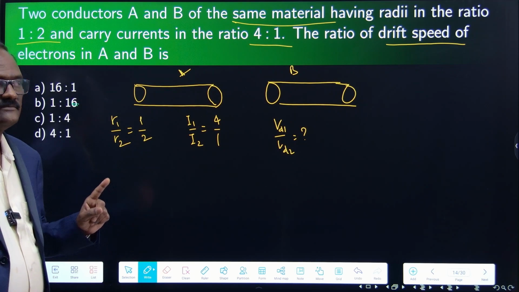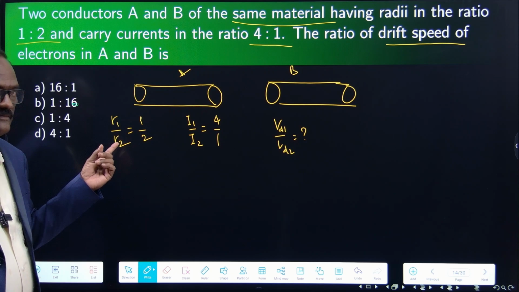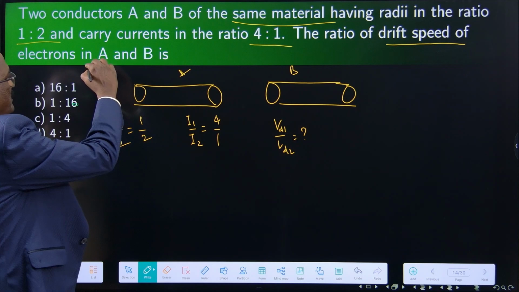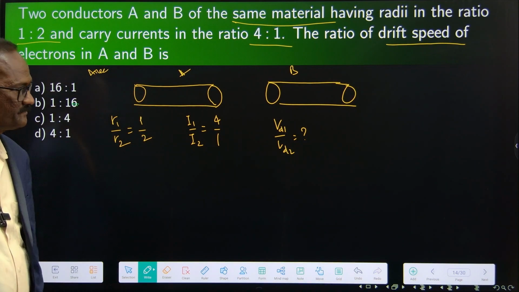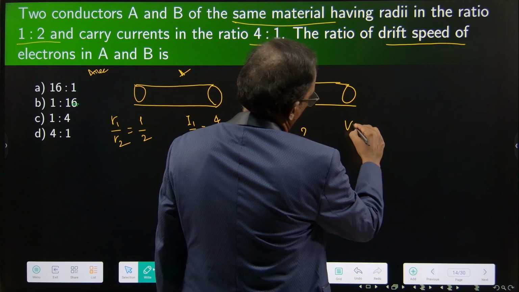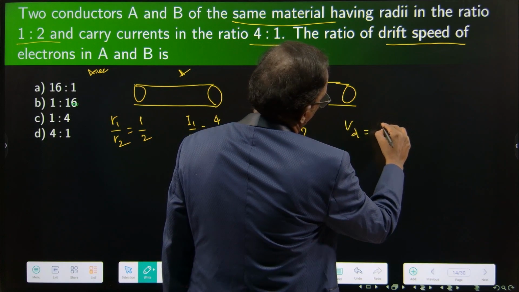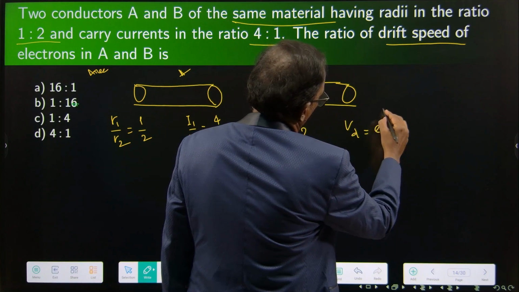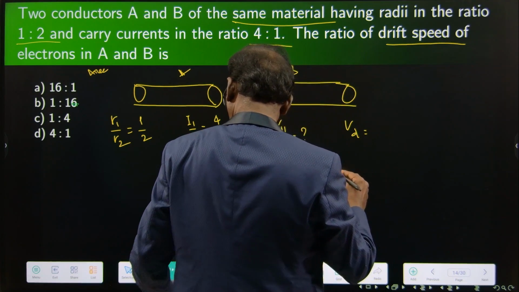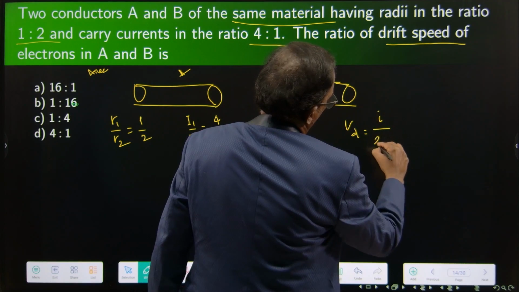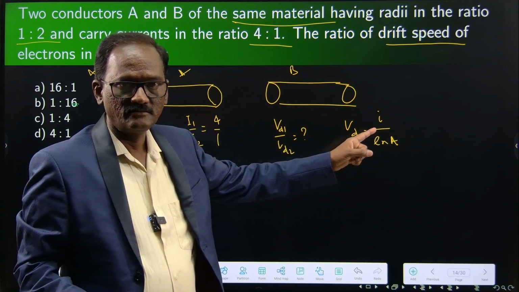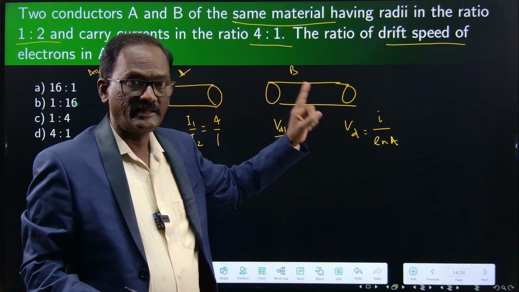So please remember, in this type of problems, whenever you see the word radius, immediately area must come, right? So from I we are going to write Vd. Vd is equal to I upon ENA. E constant, N constant, same material.